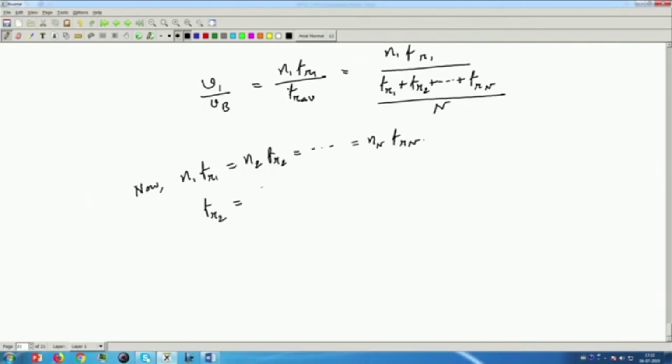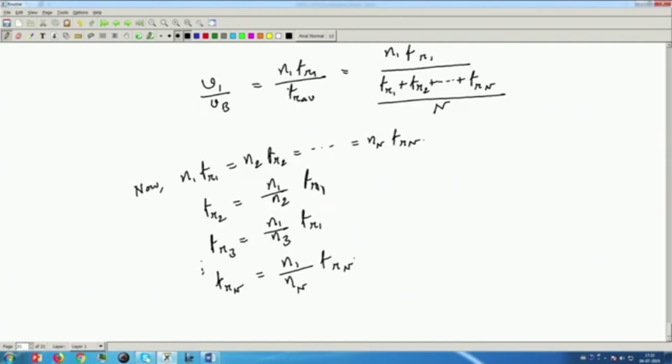So, F r 2 is nothing but n 1 by n 2 F r 1, F r 3 is n 1 by n 3 F r 1, and F r n is n 1 by n n F r 1.